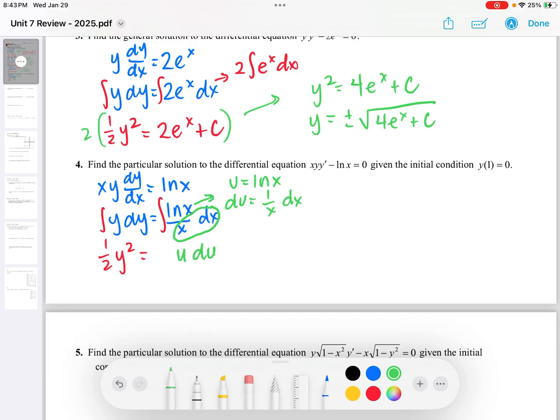Natural log is u. And I'm going to integrate this so that this right-hand side is going to be 1/2 u squared plus c, which we will fill in with the natural log of x squared plus c.